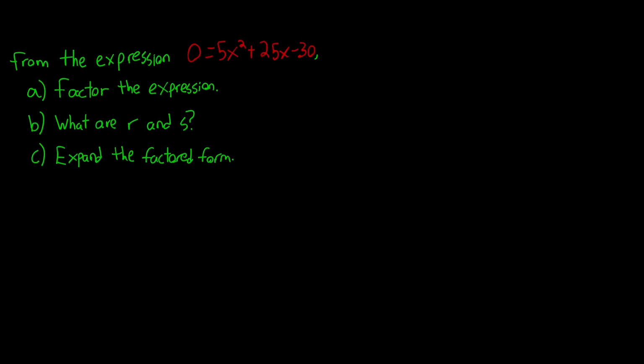Okay, so for the last part of the video, I just wanted to expand a little bit on our concept of how we can use this and how it relates to some of the other stuff that we've learned. So, from the expression 0 is equal to 5x squared plus 25x minus 30, it wants us to start by factoring the expression. So, we'll start with a. a is equal to 5, b is equal to 25, c is equal to negative 30.